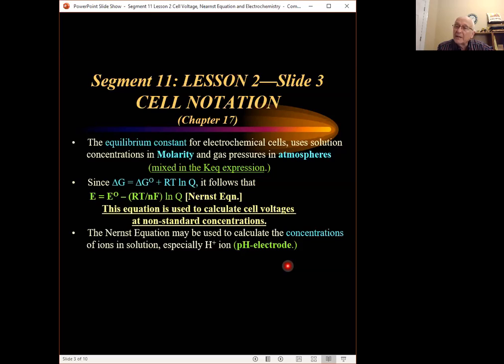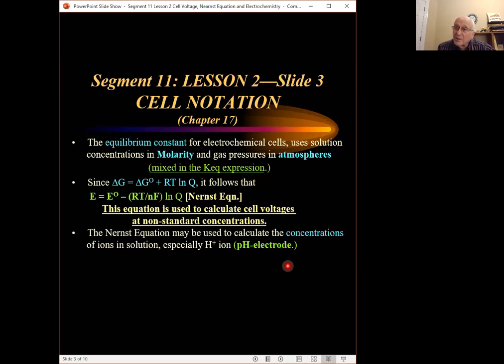Now, if I put that into a solution where the hydrogen ion concentration isn't 1 mole per liter, then if it's lower, the hydrogen ions in the electrode are going to migrate out. That's going to cause the voltage to change inside the electrode. If I put it in a solution and hydrogen ion is greater than 1 mole per liter, then hydrogen ions will move into the electrode, and that would change the voltage in the opposite direction.